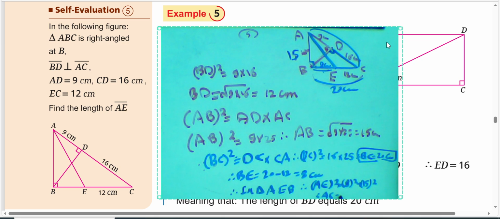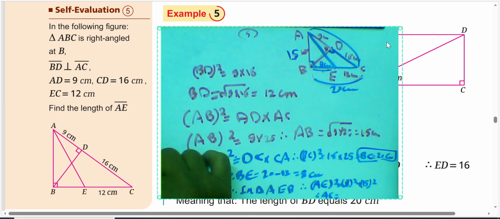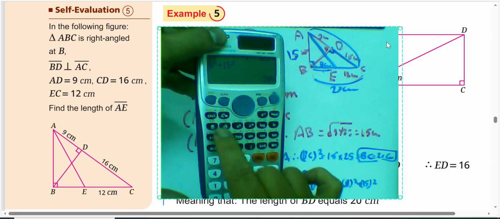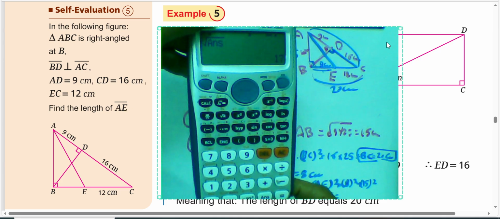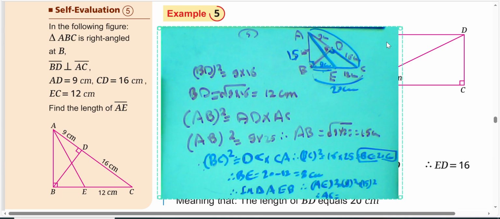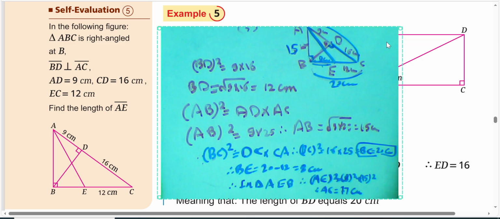Then AE is the square root of 64, 8 power 2, plus 15 power 2. The result will be the square root of 289, which equals 17 centimeters. The length of AE equals 17 centimeters.